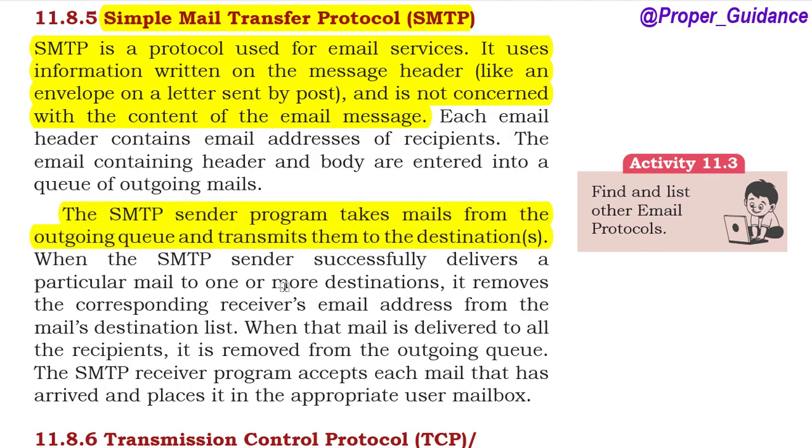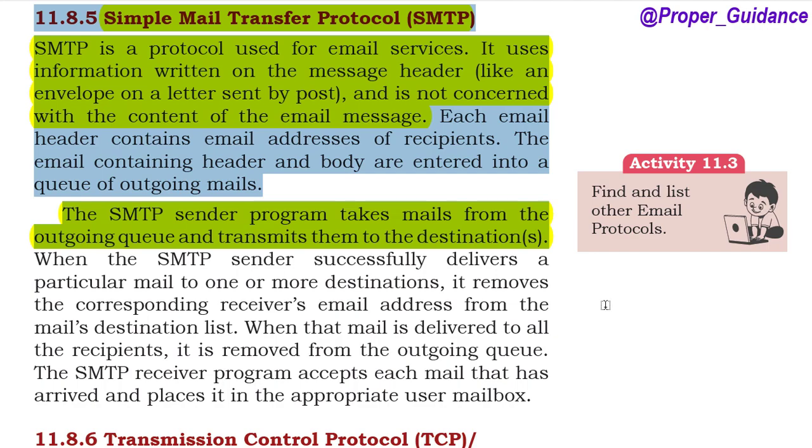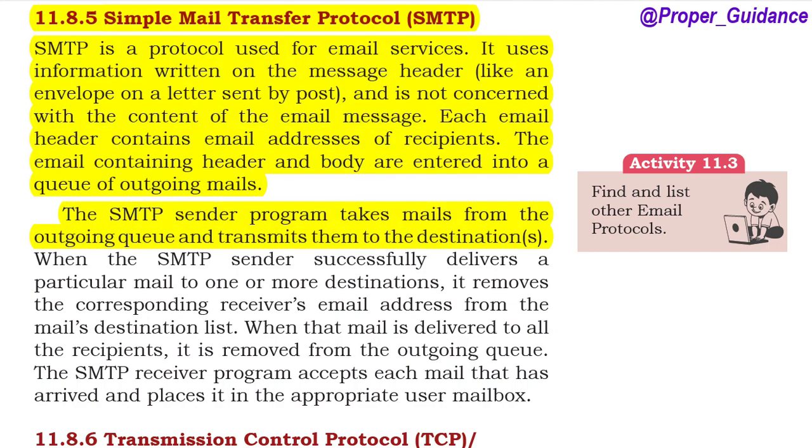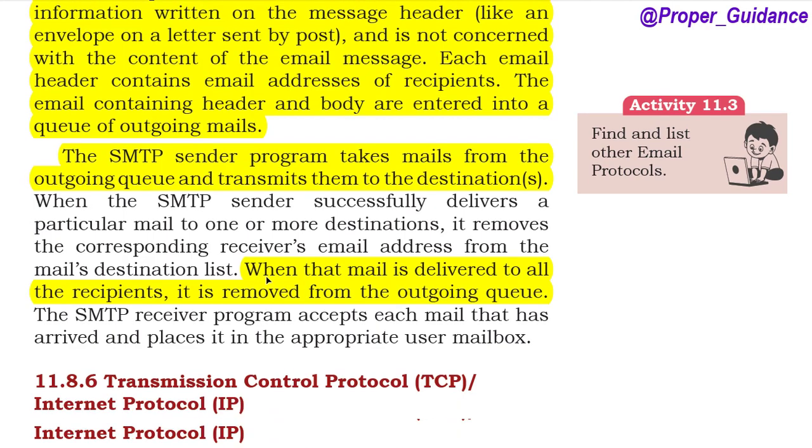When the SMTP sender successfully delivers a particular mail to one or more destinations, it removes the corresponding receiver's email address from the destination list, until that mail is delivered to all the recipients.